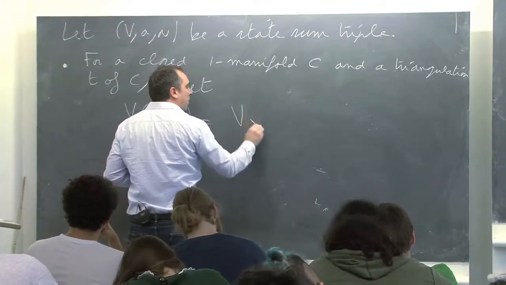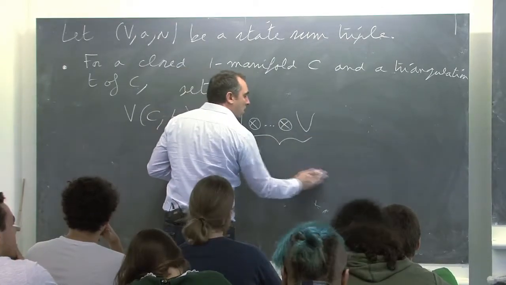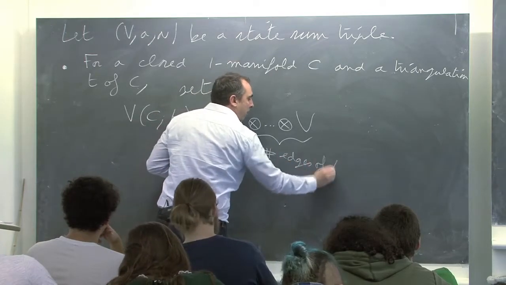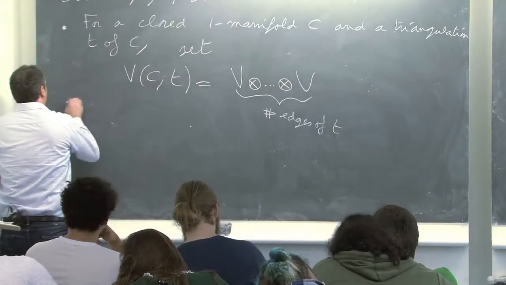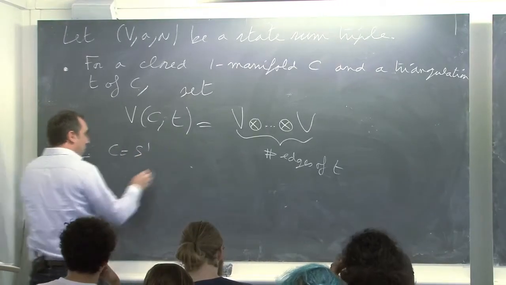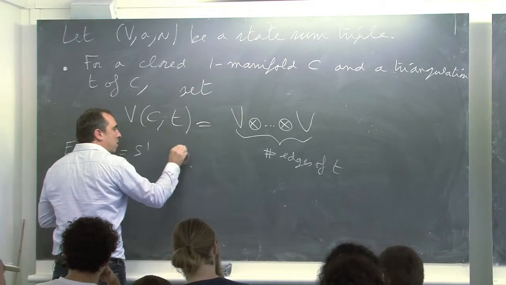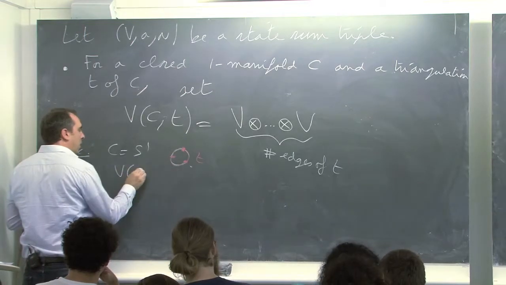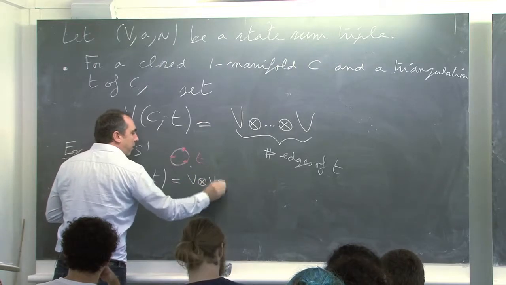So V tensor V, the number of edges of T times. For example, C is S1 and the triangulation T has 3 edges. V of S1, T is V tensor V tensor V.